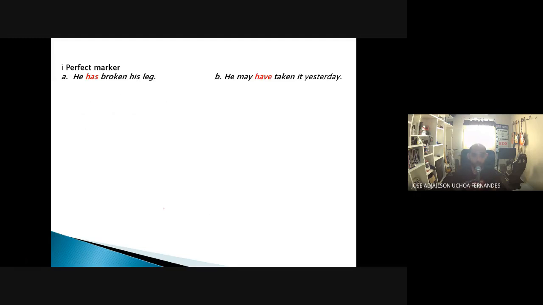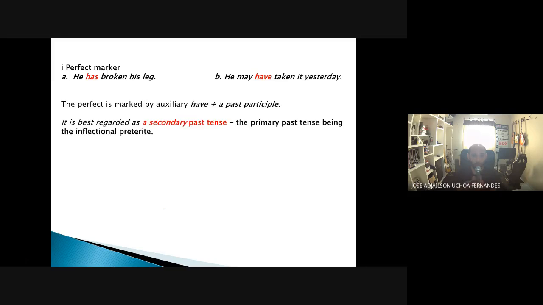Now, as a perfect marker, we say that the perfect is marked by the auxiliary have plus a past participle, a verb in the participle form. So it's best regarded as a secondary past tense, okay? Or some people call it a compound past tense. The primary past tense being the inflectional preterite, okay?